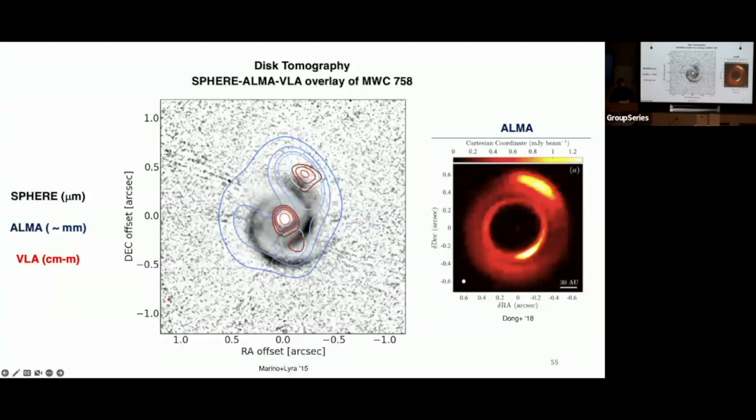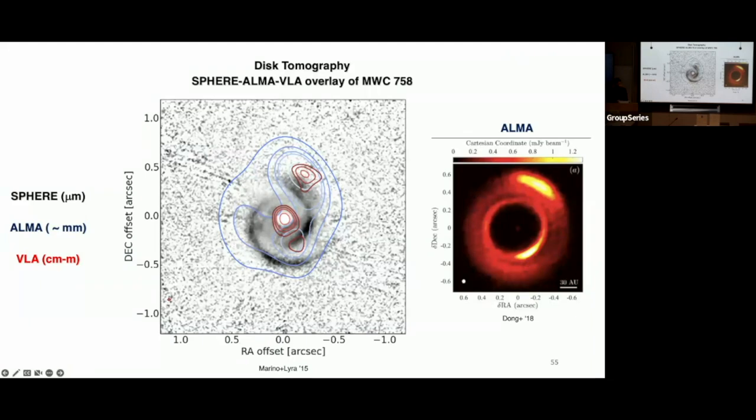So this is another disk that has what looks like vortices in it, MWC 758. You see here these two lobes, right, that dust is being trapped in them. What you're seeing here is an overlay with SPHERE. So that's the observation in infrared. That's this image that you see here. ALMA is the blue contours, and then VLA the red contours, right?